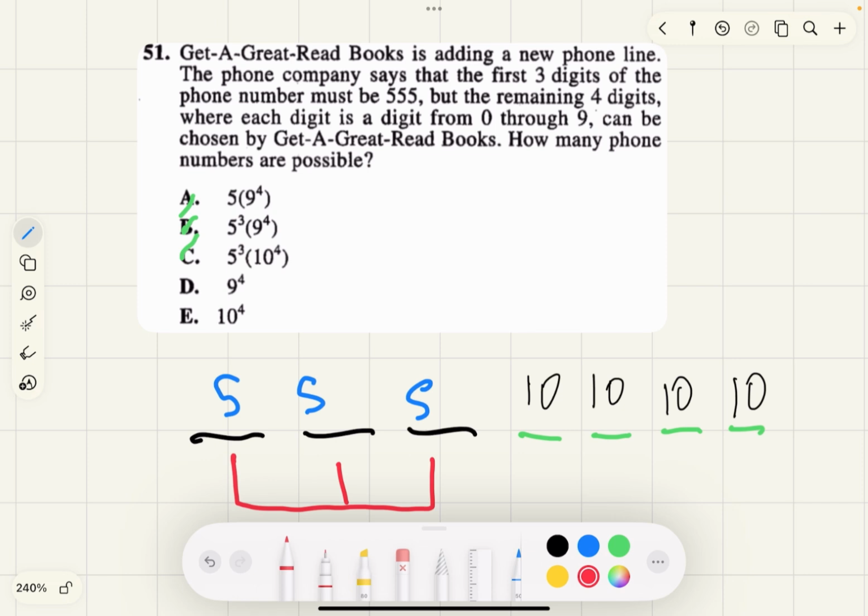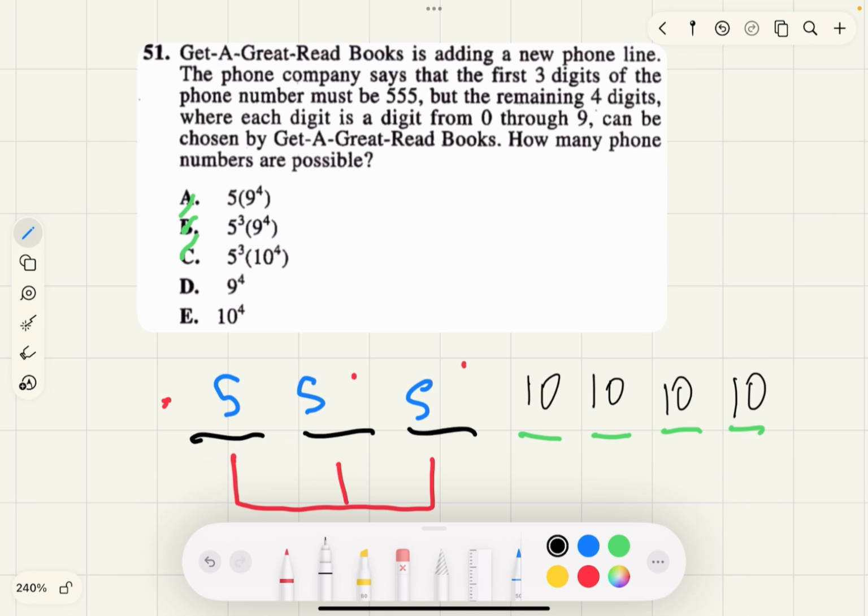For the first one, we only had the option to choose between one digit, and that digit was the number 5. And for this one, again, we only had the option to choose between one digit, only the number 5. And similarly for this one, only the number 5.